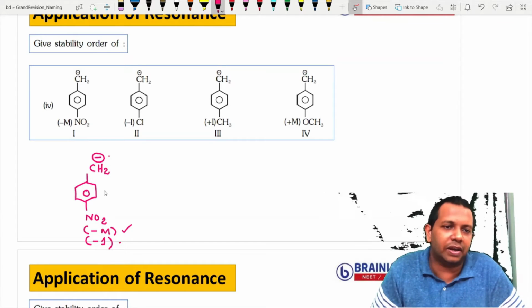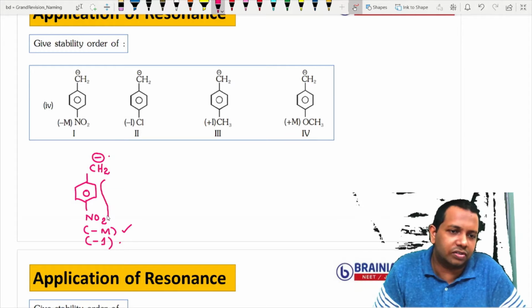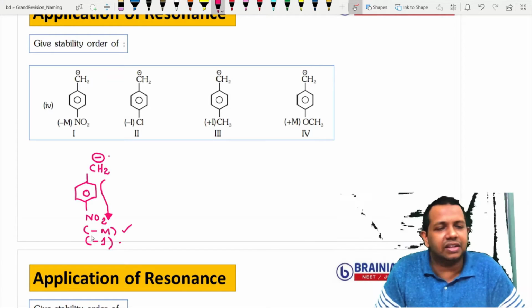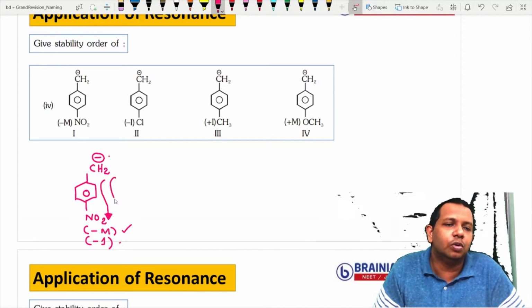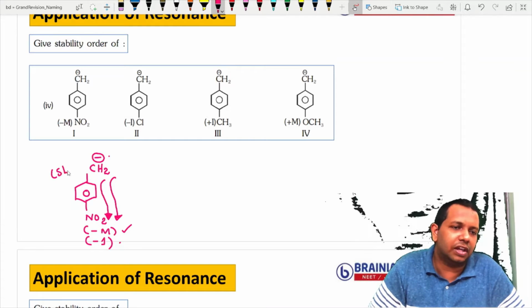It will stabilize the negative charge, because the minus M effect will attract the electrons towards that group. If electrons are attracted towards the group, the electron charge density decreases. Now the minus I effect also does the same thing through the sigma bond. So through both effects, the charge density over here decreases, making this compound stable.